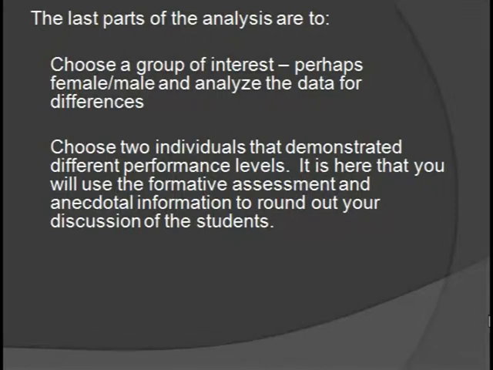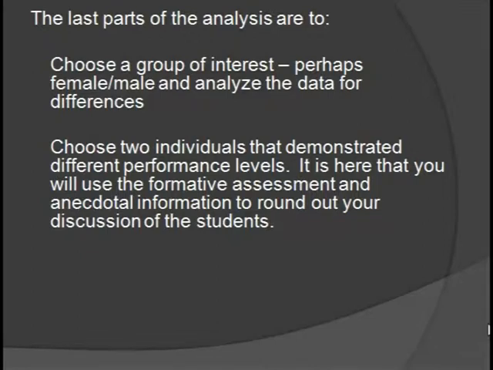Then you're going to choose 2 individuals who demonstrated different performance levels. Now, this is where you do need to make sure that you have kept all of your data for all of your students. You're not going to report all of the data for each student individually anywhere in this program. But what you will do is you will find these individuals and you will talk about their strengths and weaknesses.